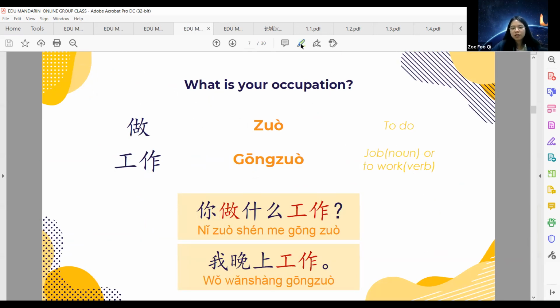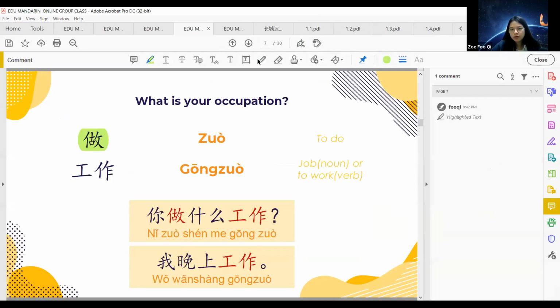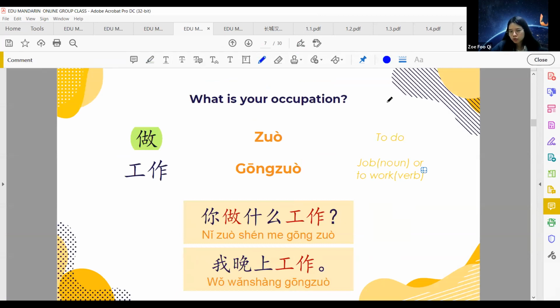Okay, and then for this one is 做, which is to do something. Normally if you learned it before, 做 can also be like you want to cook, 做饭做菜, right? 做菜 can be like the vegetable, right?